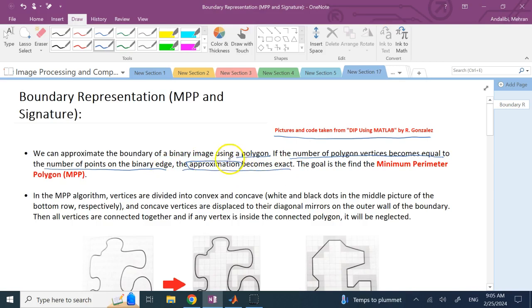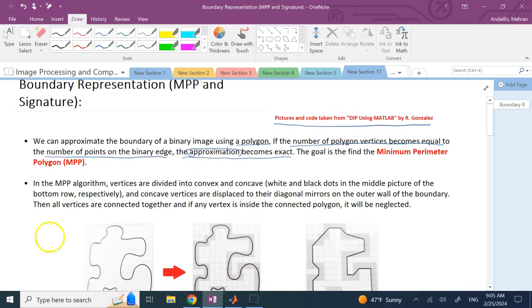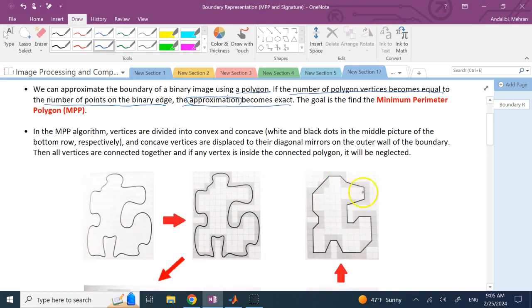But the goal is to be able to reduce the number of edges of the polygon and make it a little bit rougher, something like this, but with way fewer vertices right here, because here you might have, I don't know, like 500, 1,000 edge points, or less. And here, if you look, you only have just a few corner points, and this to a good extent captures the overall shape of your part here, right?